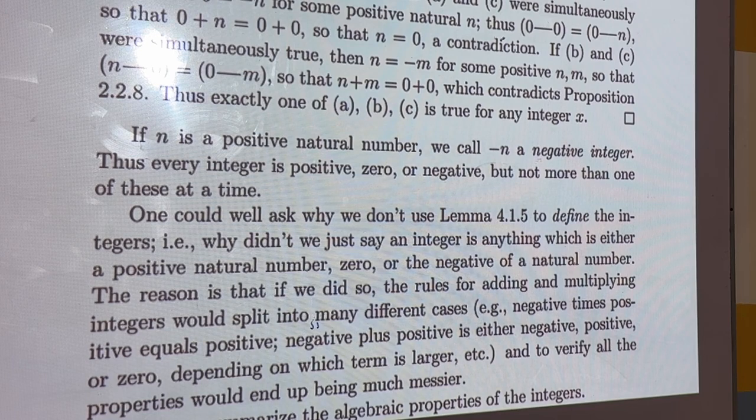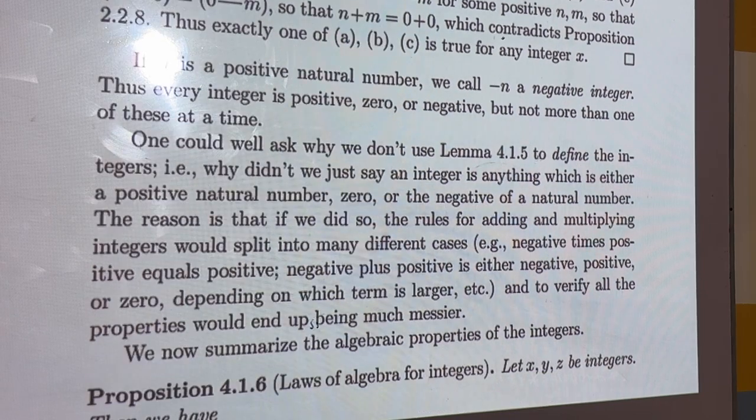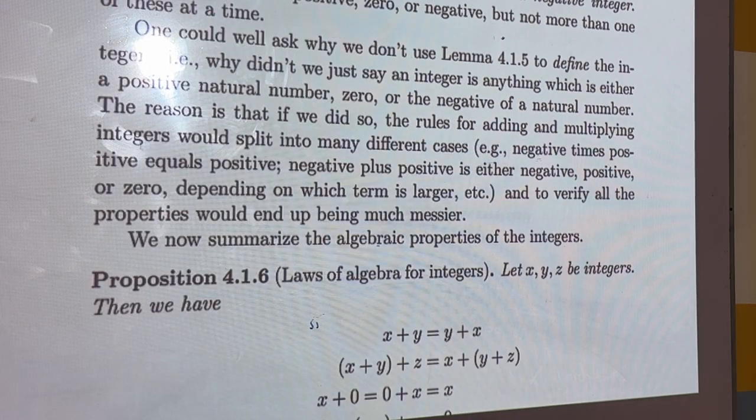You can add, subtract, multiply and so on as usual, the way you did in A-level. One could well ask why we don't use the lemma for 1.5. If you are going to define it that way, you can do it, but he says it will be much messier.